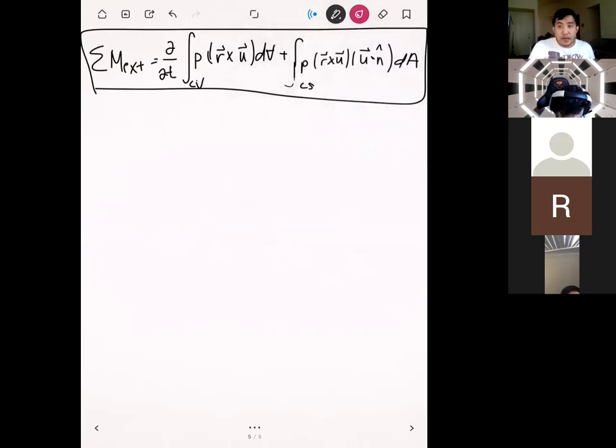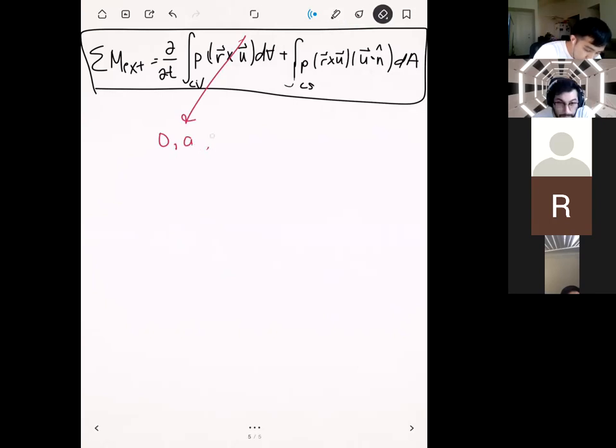Okay. And so just like we did with linear momentum, we're going to mostly assume steady conditions. Okay. So we're going to take this term to be 0 here. Okay.